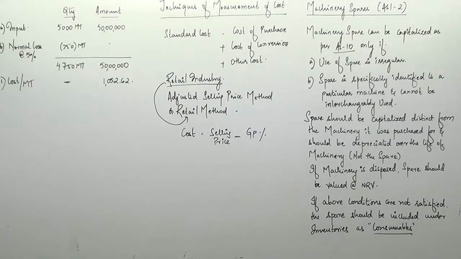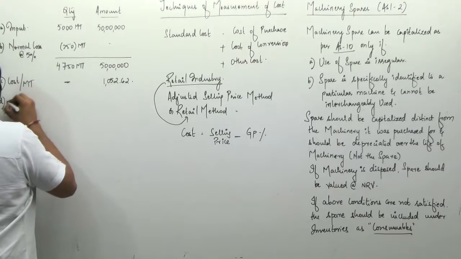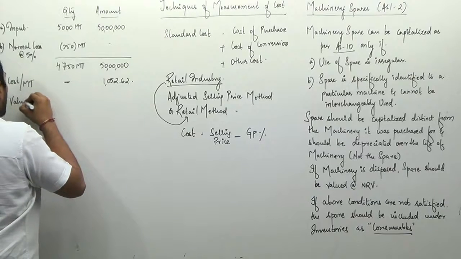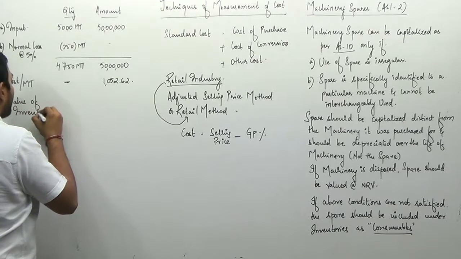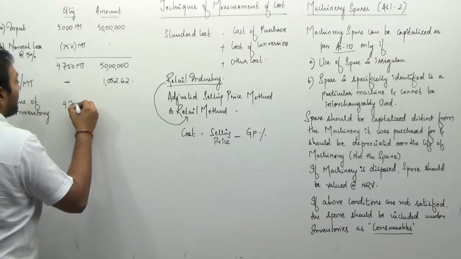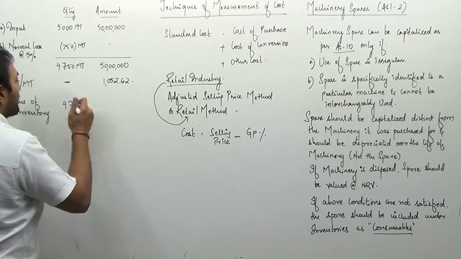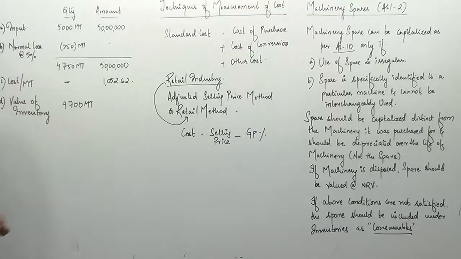$1052.62 is the cost per metric ton. So what is the value of inventory? I'm left with only 4700 metric tons because there was a 300 MT loss.